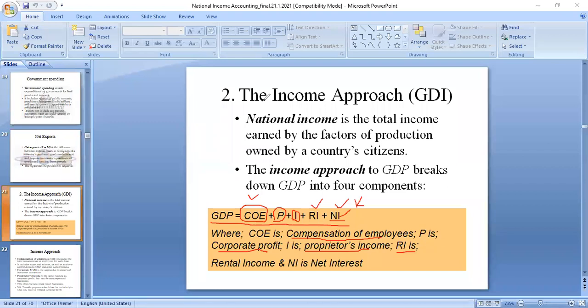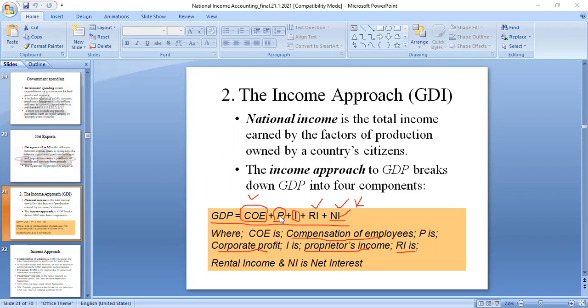Profit is a payment to investment, capital, rather. I thought interest is the payment to capital. And what's the payment to entrepreneurship? Profit, isn't it? Yeah.